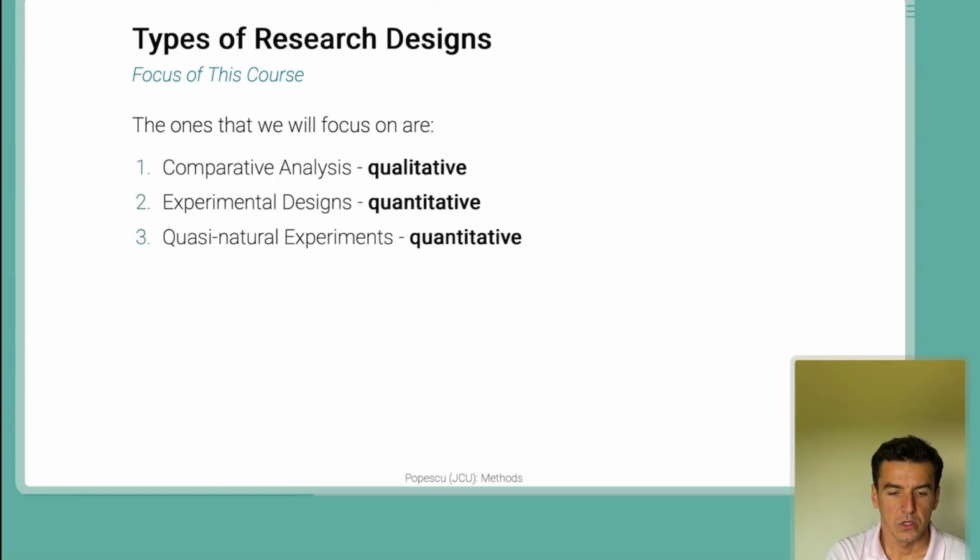Okay, so the main research designs out there are comparative analysis, so this is a qualitative type of approach, experimental designs that are quantitative, and quasi-natural experiments that typically rely on observational data.